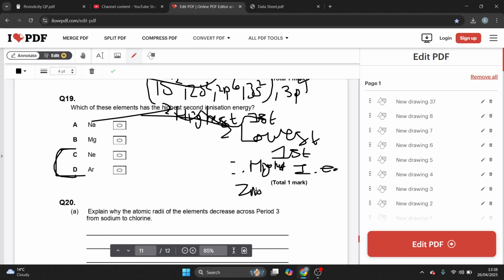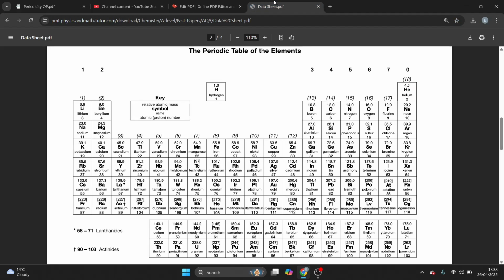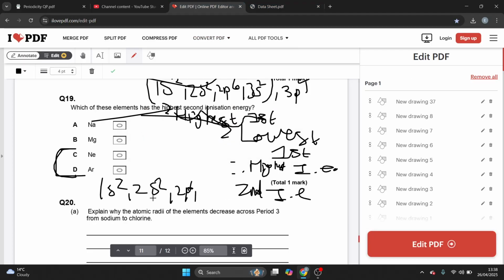second ionization energy. And if you think about it, sodium, 11 electrons, 1s2, 2s2, 2p6, 3s1. This can be easily removed, but then you need to remove the second electron from this 2p6 orbital, and that's fully stable.